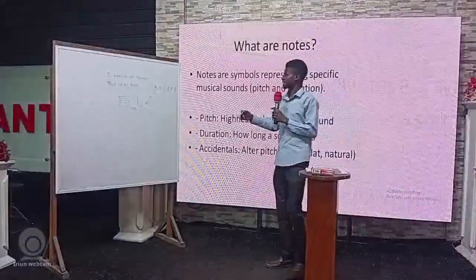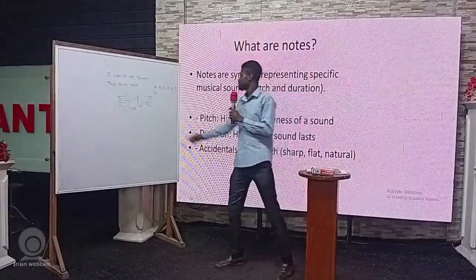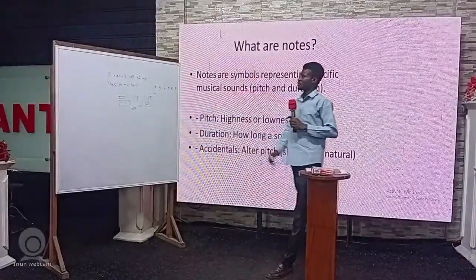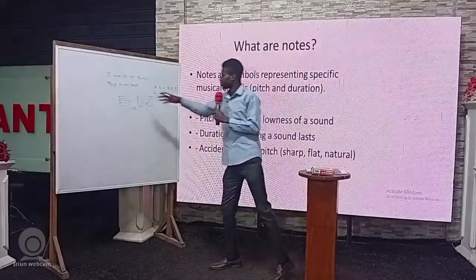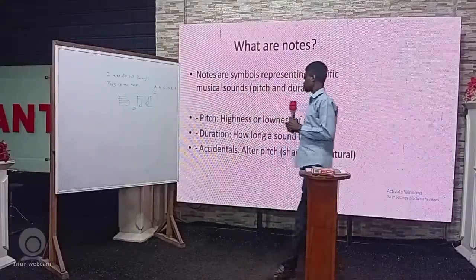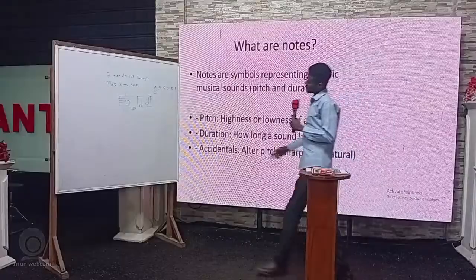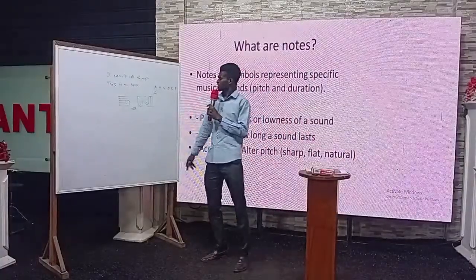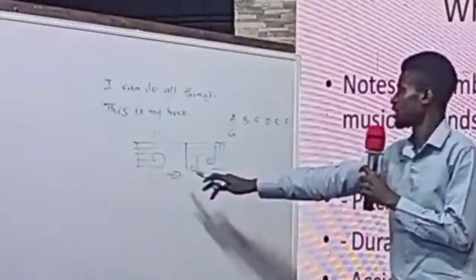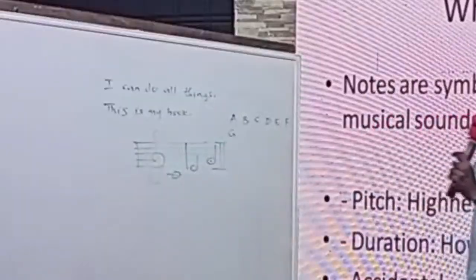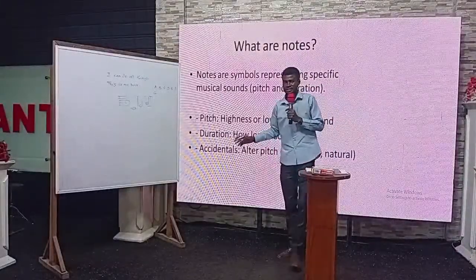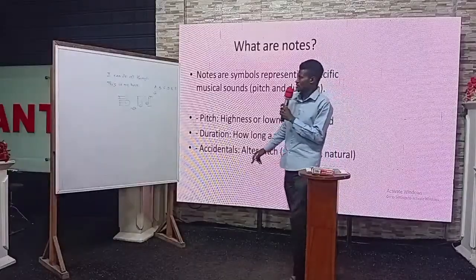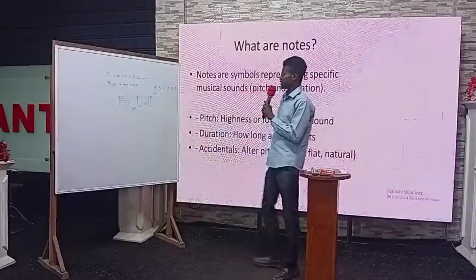Likewise, music can be sung and music can be written down. Whatever is being sung can also be written down. Like I said, there is what we call pitch. We can see on this tab that each of these notes has a different pitch.